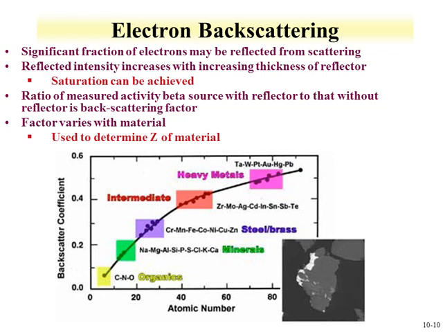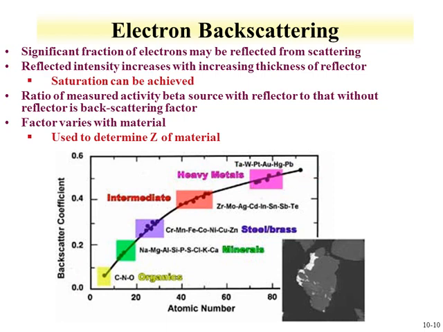One example of some of the differences in behavior with electrons is given here for electron backscattering. We use this with microscopy to evaluate information related to the Z of the material under examination. A significant fraction of electrons may be reflected from scattering, and there is an increase in backscattering with the atomic number of a material.